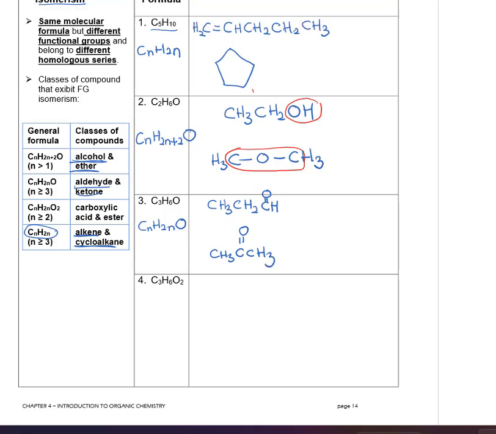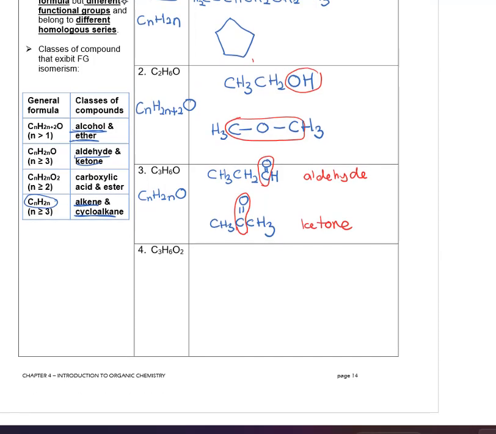Both of them have the same functional group, which is carbonyl, but they have different classes of compound. This is an aldehyde and this is a ketone. Aldehyde and ketone can undergo different reactions.